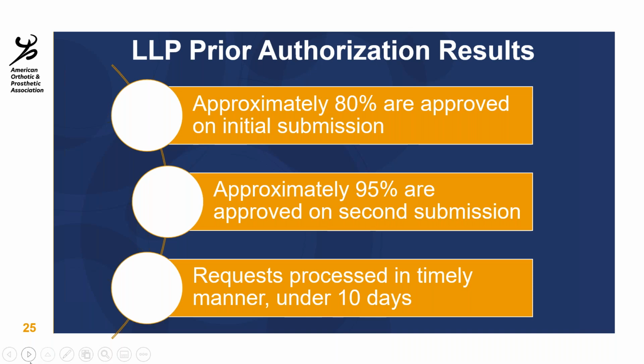Expanding on that, very few claims actually require more than 1 resubmission. About 95% or more of the claims are being approved, or the prior authorization submissions are being positively affirmed, upon the first resubmission.